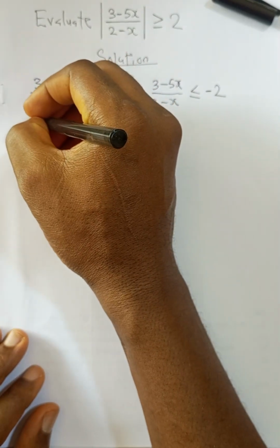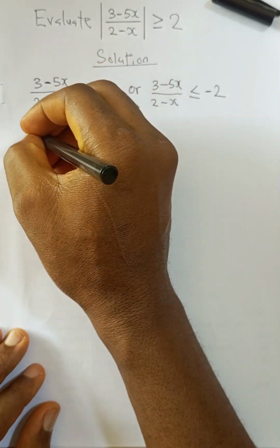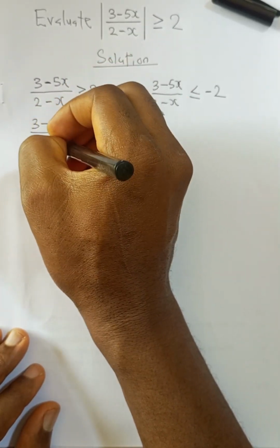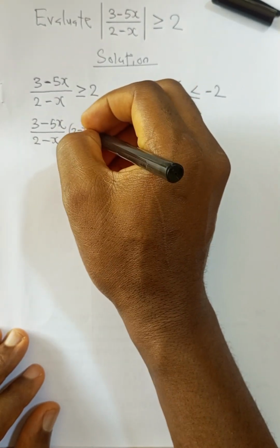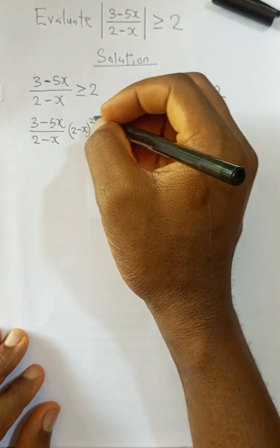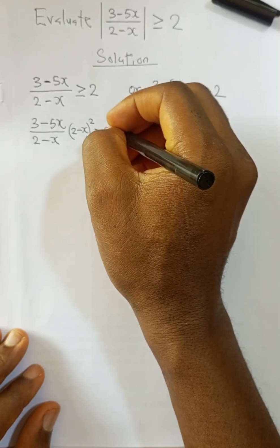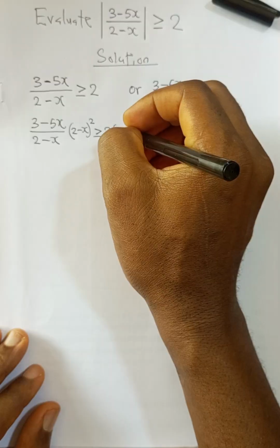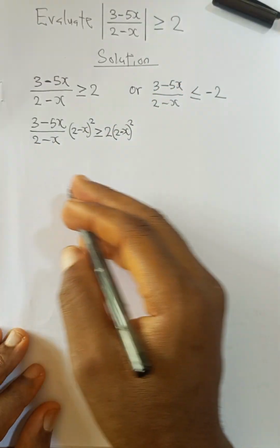So this is where we are going to now: (3 minus 5x) over (2 minus x) times (2 minus x) squared is greater than or equal to 2 times (2 minus x) squared. That is for this side.